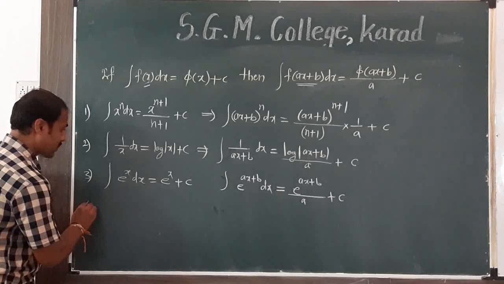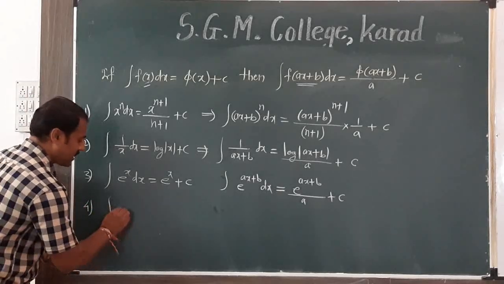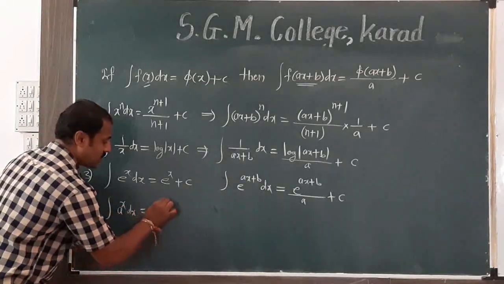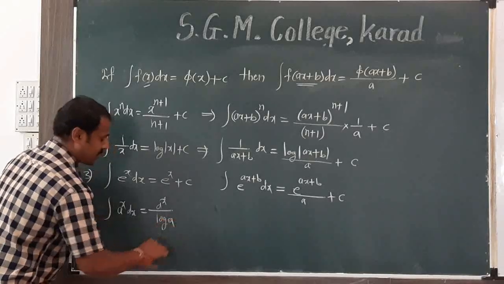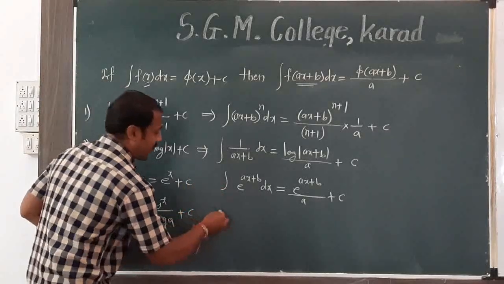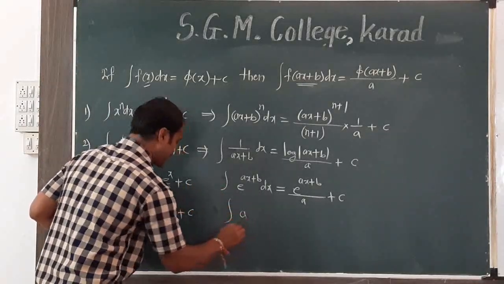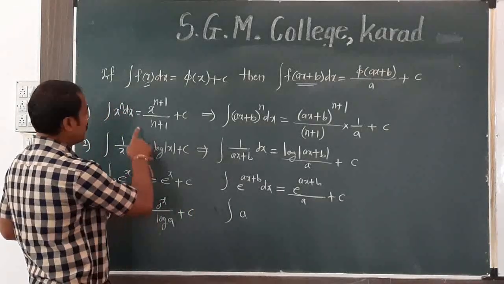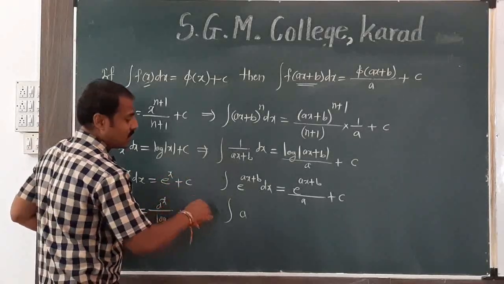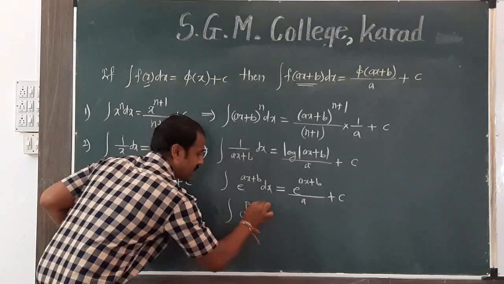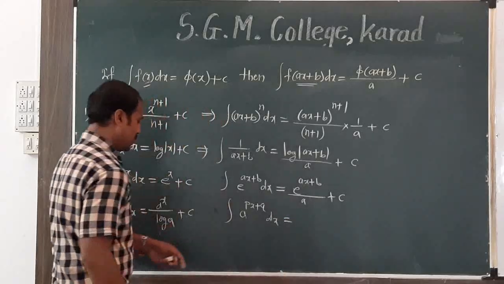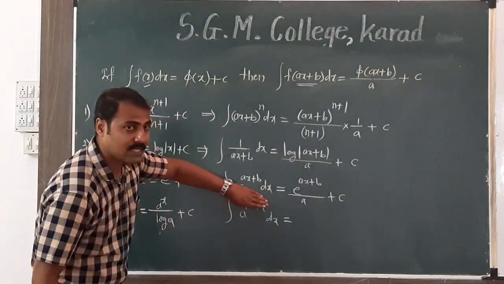Next formula is integration of a raised to x dx. Integration of a raised to x dx is a raised to x divided by log a. Now we want to find the formula for integration of a raised to a linear equation. Here a is already used, so I can take the linear equation as px plus q: integration of a raised to px plus q dx is equal to, consider that px plus q as x.